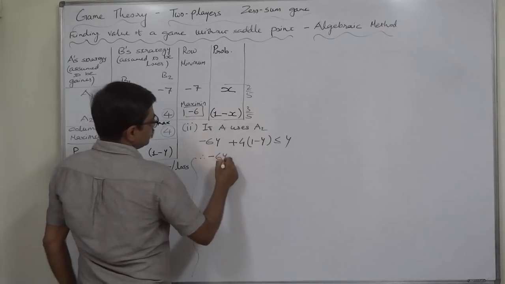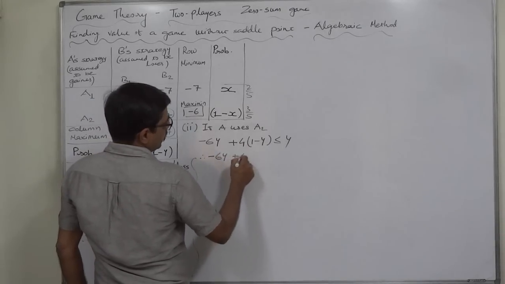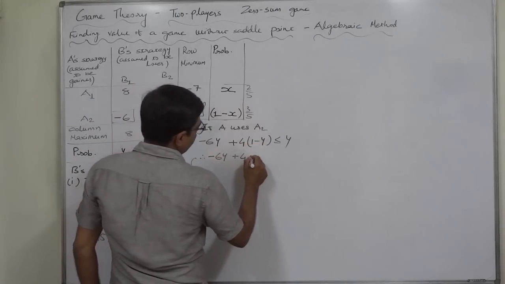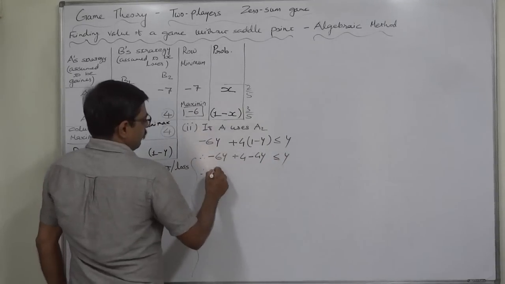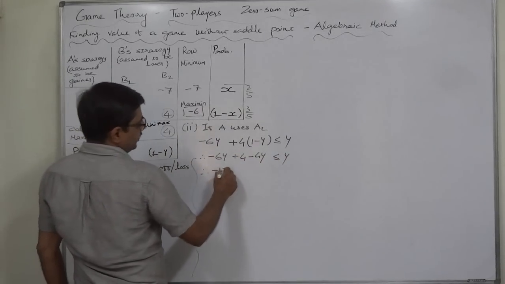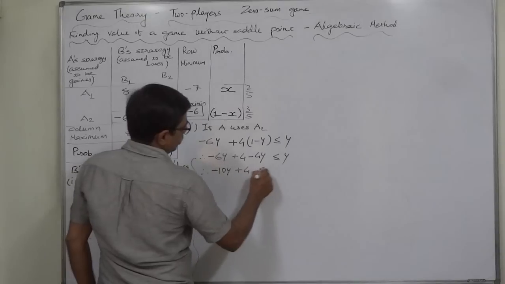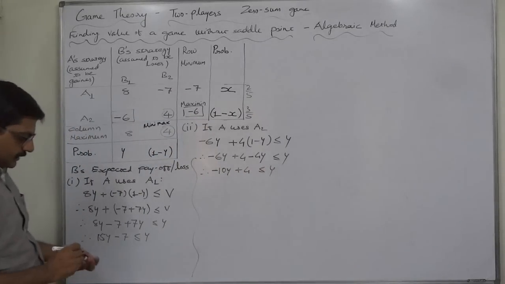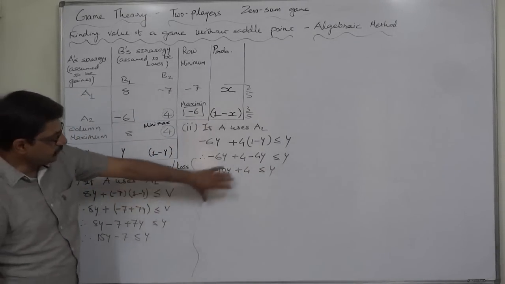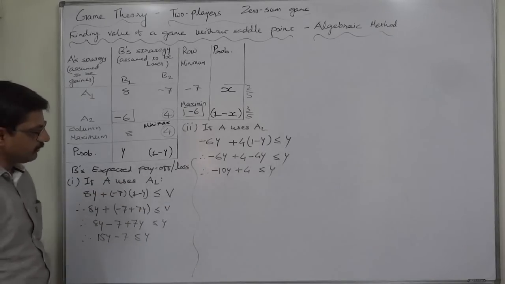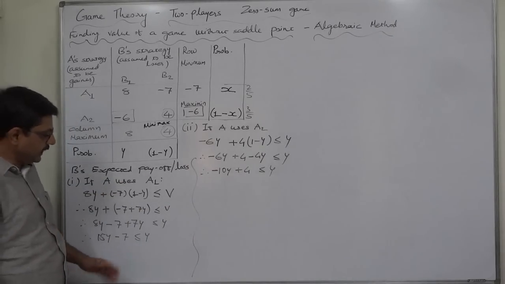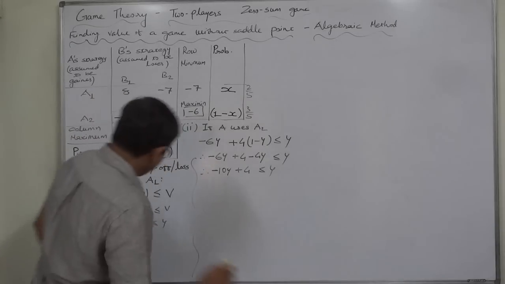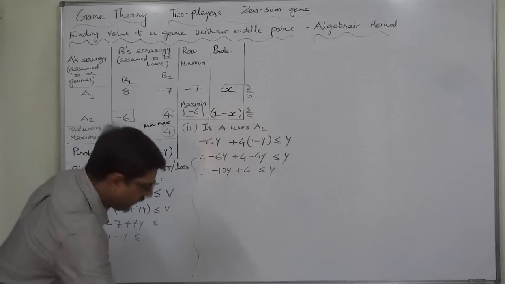That is minus 6y plus 4 minus 4y, which is minus 10y plus 4. As it was in the case of A, there are two inequalities. The expected payoff of B can be equal to the value of game or less.